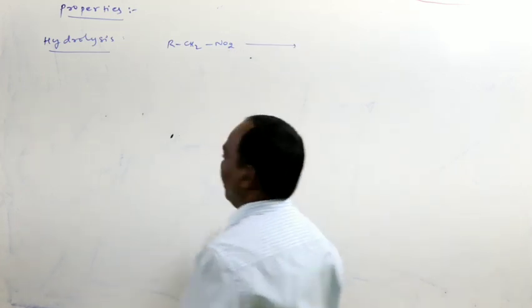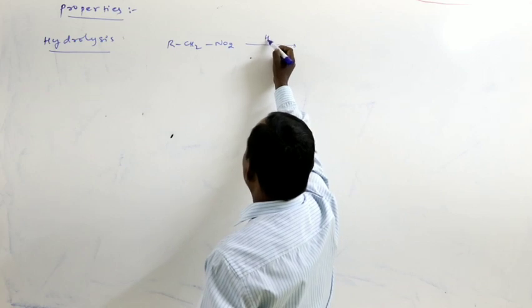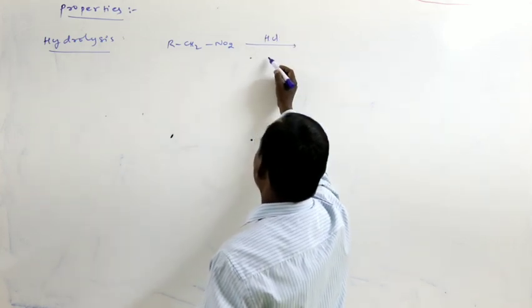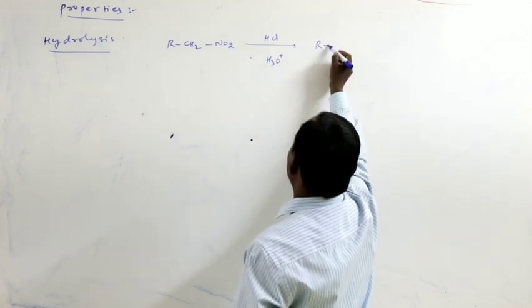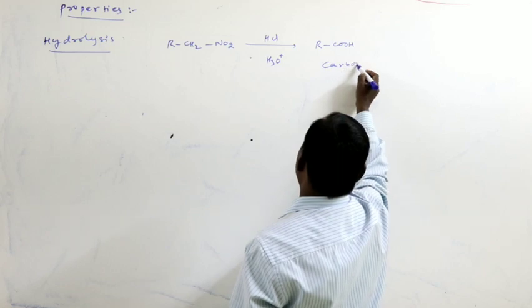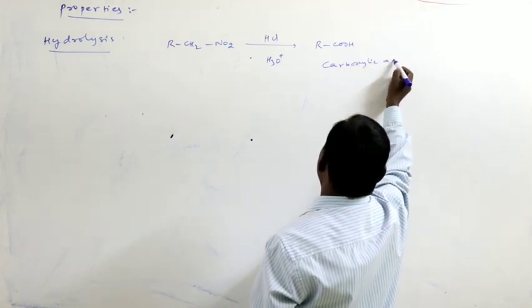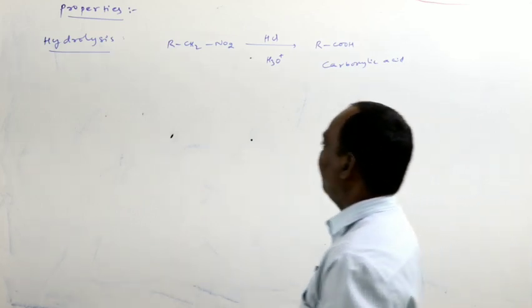Nitro compounds, nitroalkanes: nitroalkanes upon hydrolysis in the presence of acid undergo carboxylic acid formation. Okay, carboxylic acid formation.